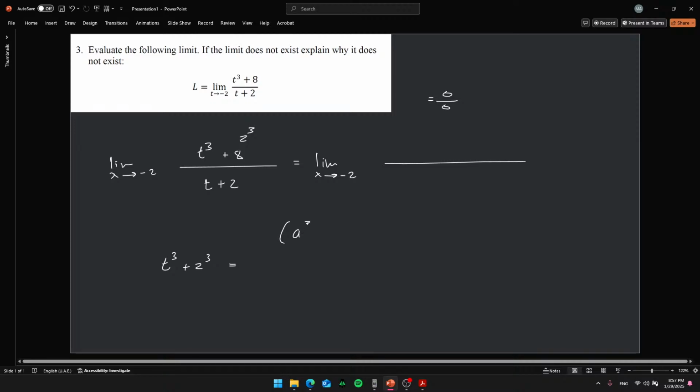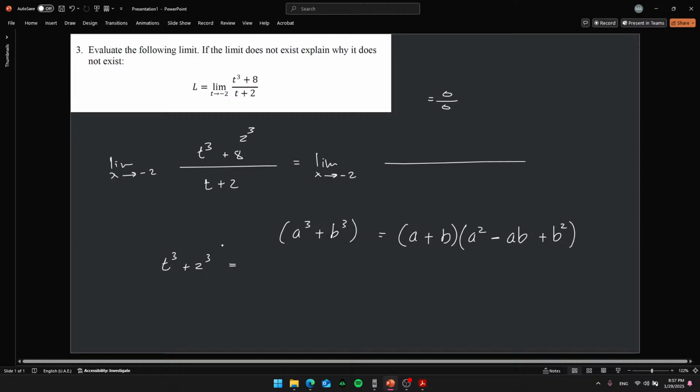Whenever you have a cube plus b cube, the rule says a plus b, times a squared, square the a, switch the sign, multiply a with b, and plus b squared, square b.